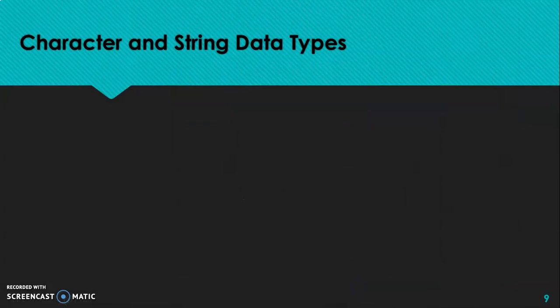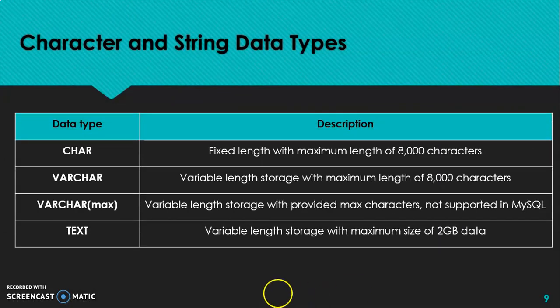Then we have character and string data types, in which the first is char. This is fixed length with a maximum of 8000 characters. Then we have varchar. Again, this also allows a maximum of 8000 characters, but it is variable length. Then we have varchar max.